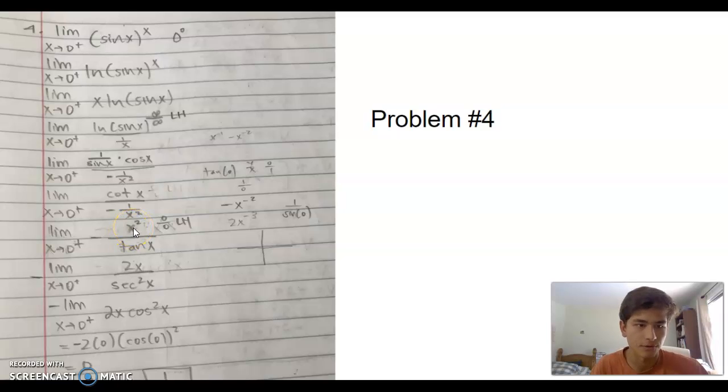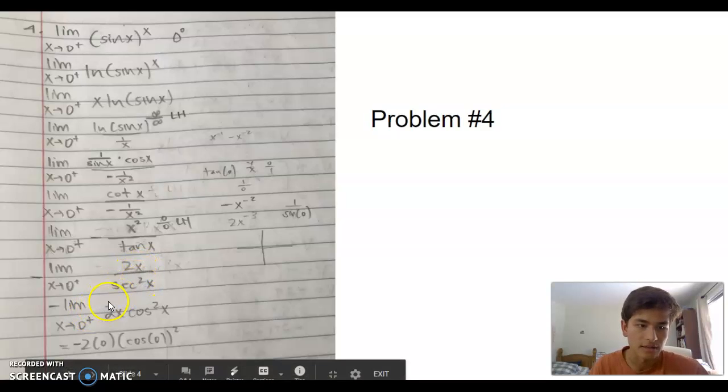So then I flipped it for further simplification, took the negative out, and plugged it back in. You get another L'Hopital's rule, so I took the derivative again. And then finally, it's not an indeterminate form anymore. I brought the secant squared up to make it cosine squared x. I plugged in the 0.